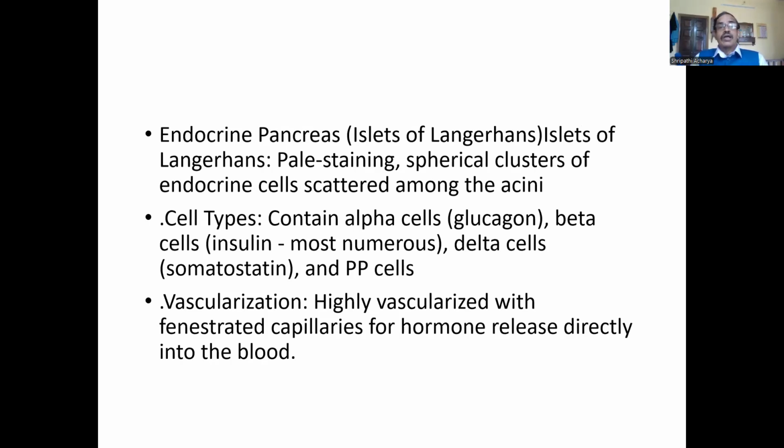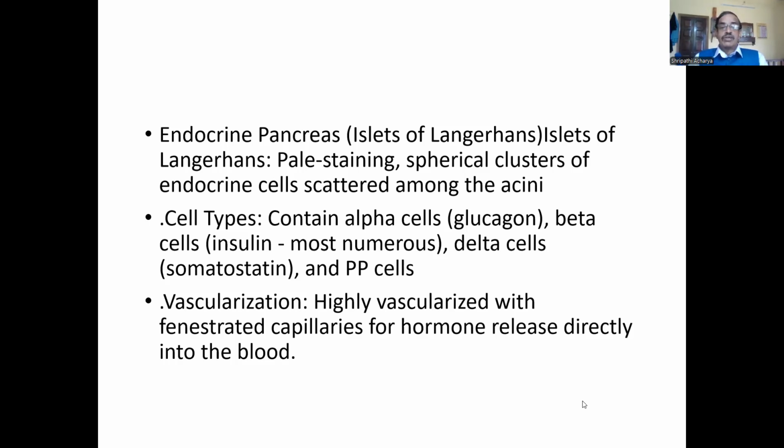Endocrine pancreas, islet of Langerhans. Islet of Langerhans, pale staining, spherical clusters of endocrine cells scattered among the acini. Cell types contain alpha cells, beta cells, insulin, most numerous, delta cells, somatostatin, and PP cells.